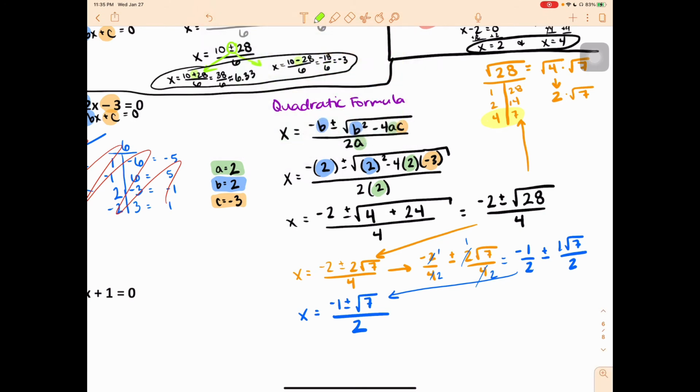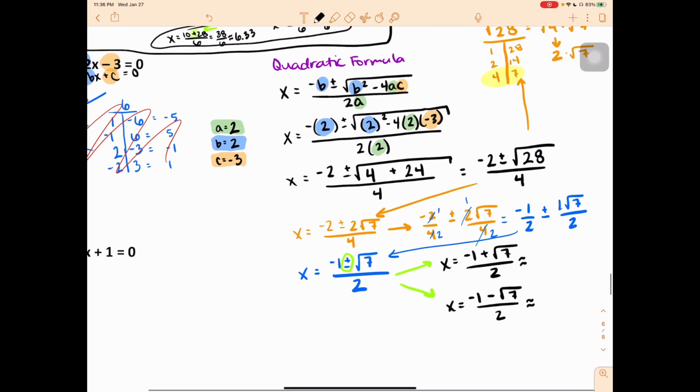So you have to make sure you're very meticulous and careful with splitting up your fractions and simplifying your terms there. So now we can split this for the plus or minus. We're going to have x equals negative 1 plus root 7 all over 2, and x equals negative 1 minus root 7 all over 2. And now we can plug this into the calculator because this is the exact answer up above.